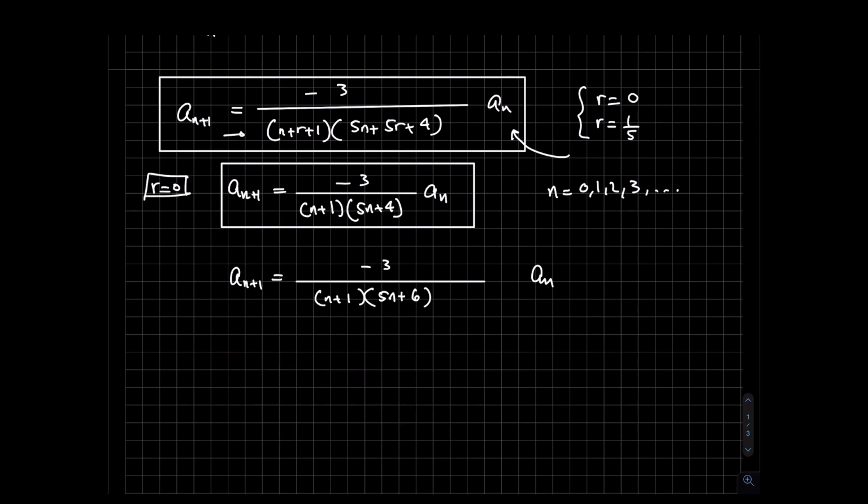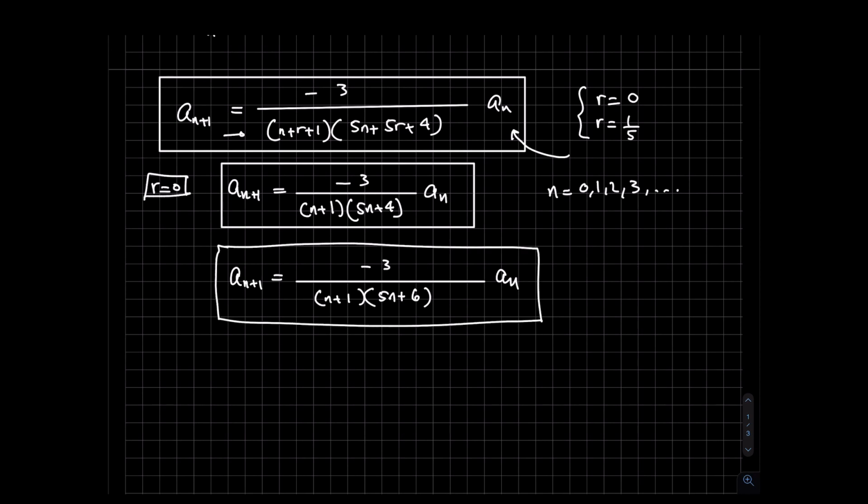So there's my a_n, and there's my second recursive relation. Okay, and this is for r is equal to 1/5.